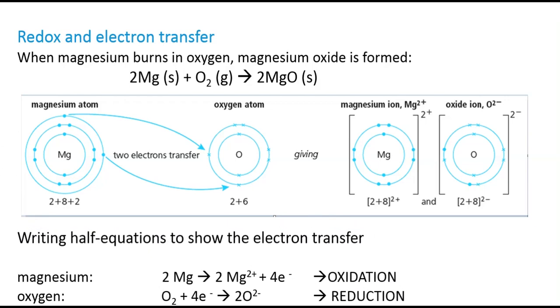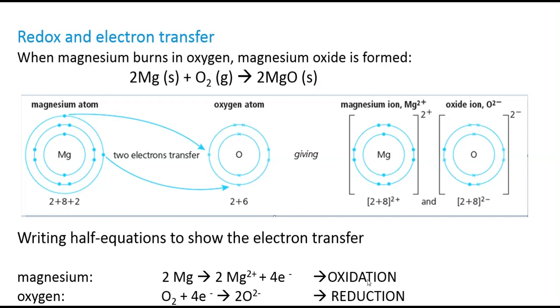Half equations. The term half equation or half reaction can refer to either an oxidation reaction equation or a reduction reaction equation. Now look at this example. In the above balanced equation, 2 magnesium atoms lose 4 electrons and the half equation is this one. 2 magnesium, by losing 4 electrons, form magnesium ion Mg2 plus.